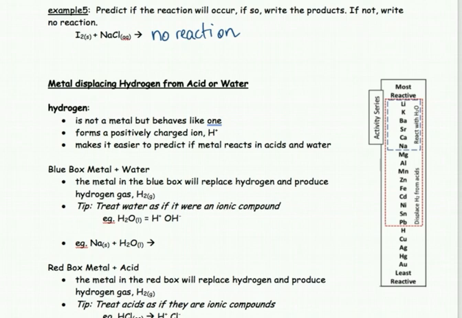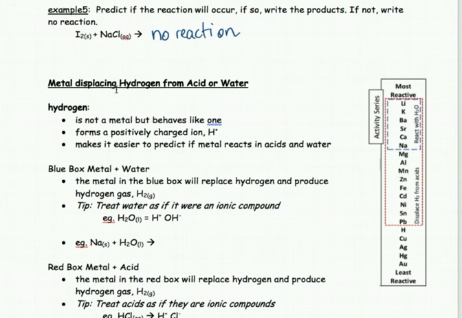The metal is going to come in and react with the H in water and displace it, or it's going to come in and react with the H in the acids. Acids always start with H. But if it's not within this box, then you're not going to get a reaction.